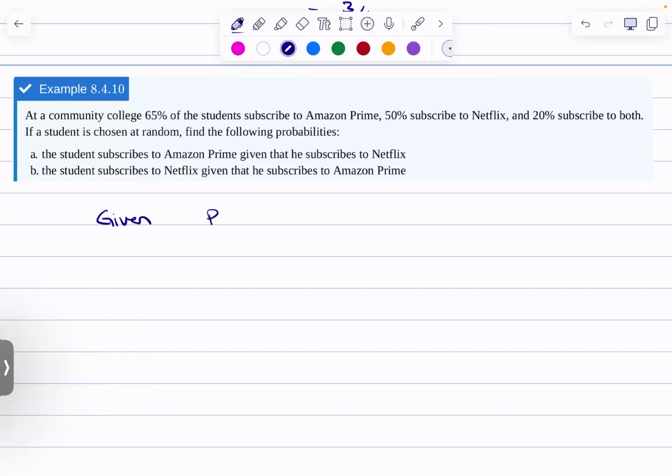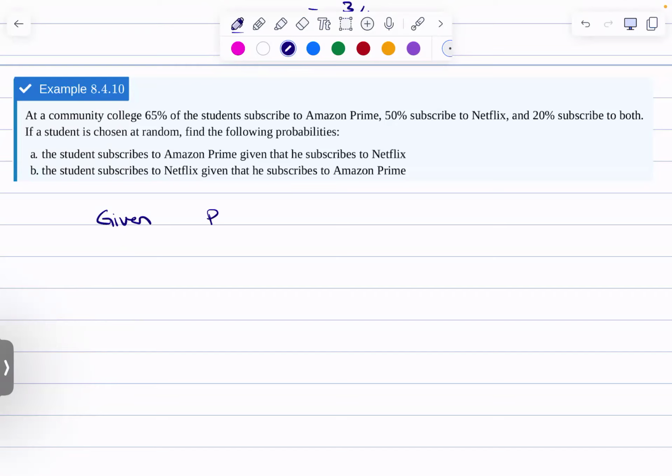Again, the student subscribes to Netflix given that he subscribes to Amazon Prime. So pay attention to that given, right? And then map the question into notation from there.